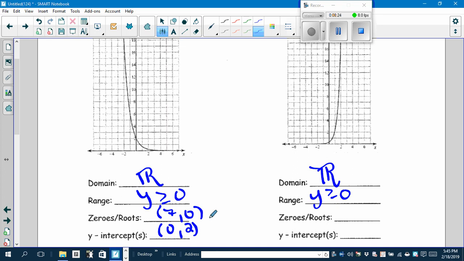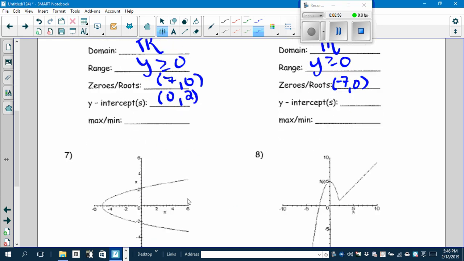Now, for this one, again, it looks like this one hits at -7, 0, right? The reason why I said that is because I see a little dot right here, okay? And then it hits the y-axis somewhere between 0 and 1, closer to 0, but not equal to it, okay?